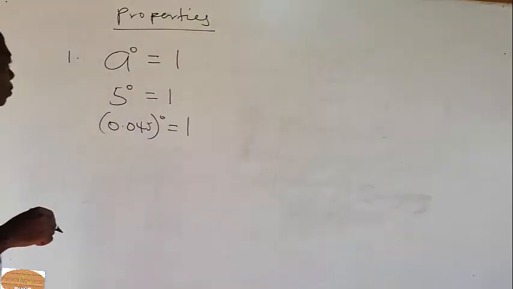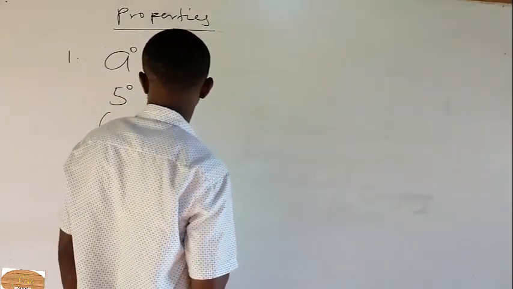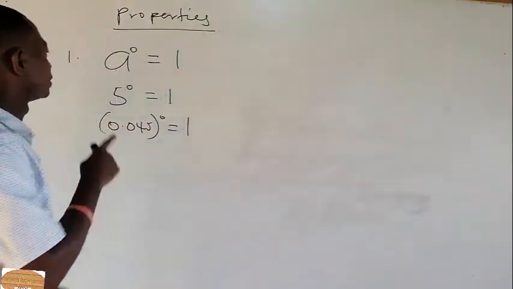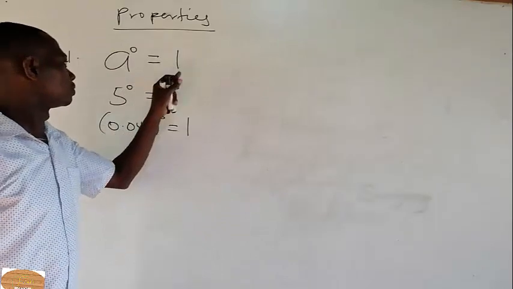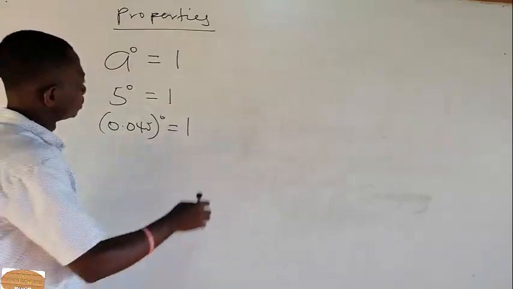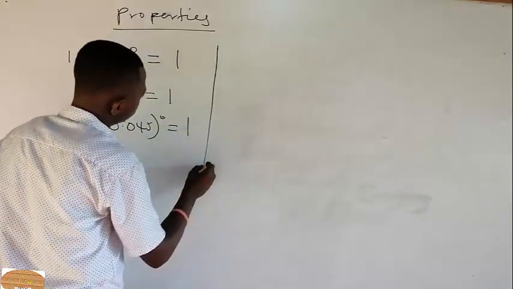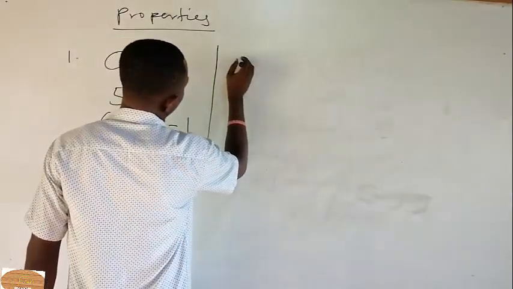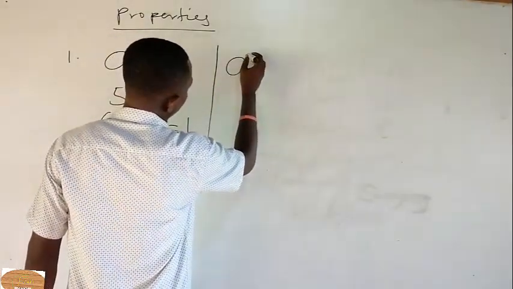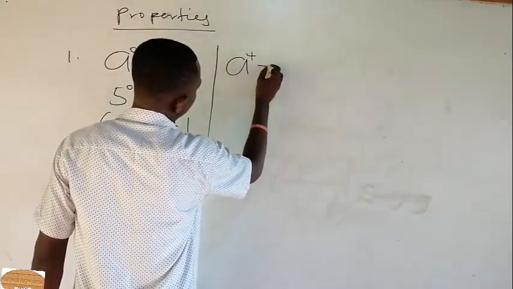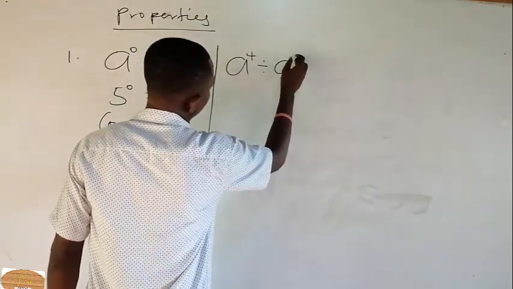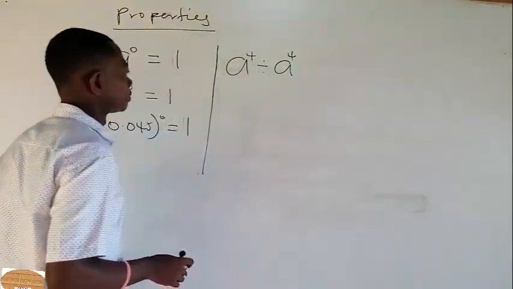Alright. So now the proof is coming from here. Let me prove the reason why this is so. Let's say a to the power 4 divided by a to the power 4.